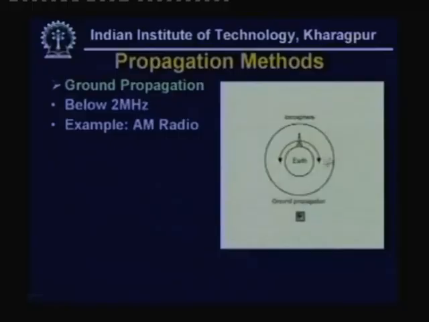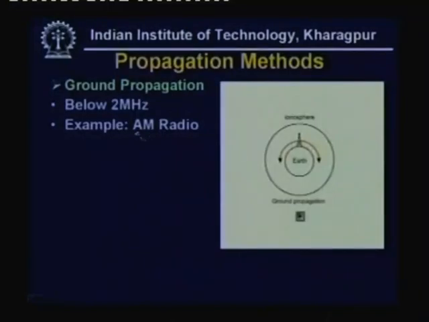As a result, along the ground it can propagate over long distances. One typical example is AM radio, which we listen to, Calcutta A, Calcutta B, and so on. That AM radio is the example of this ground propagated signal.